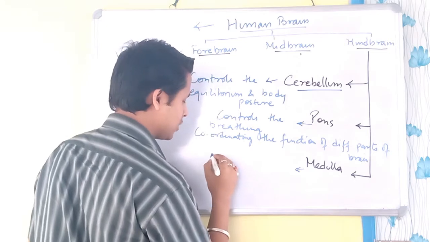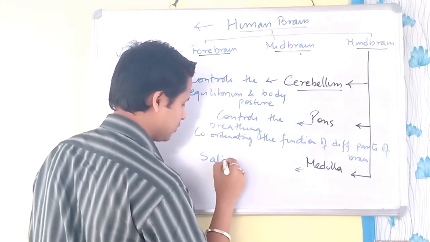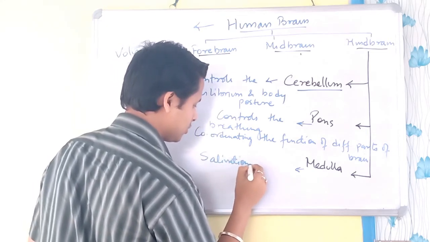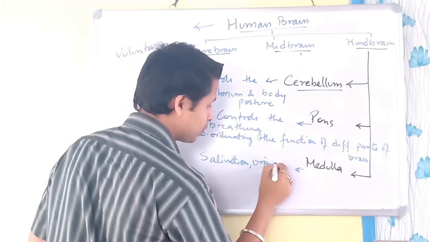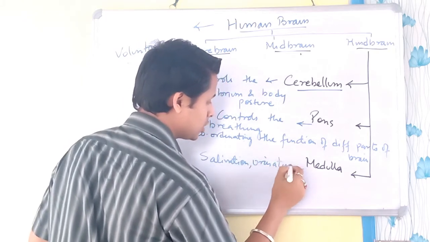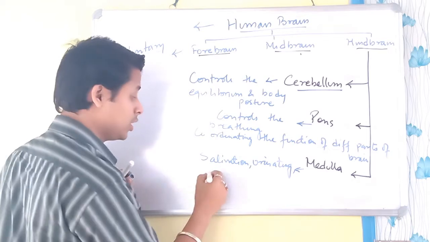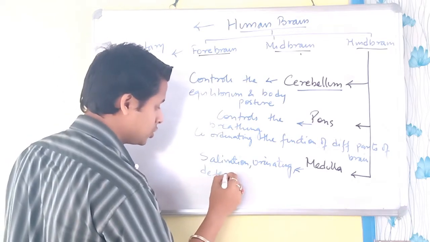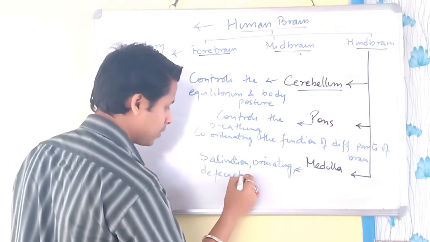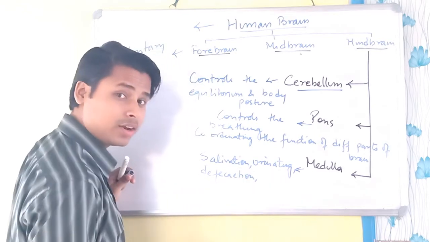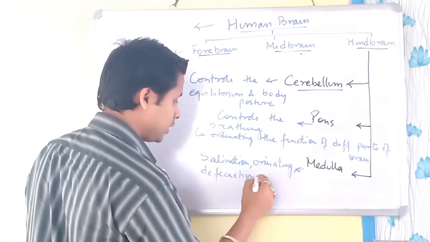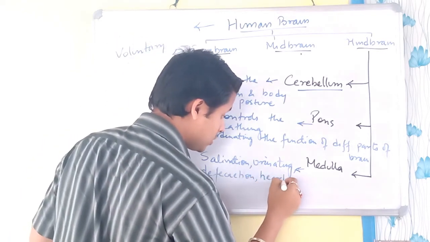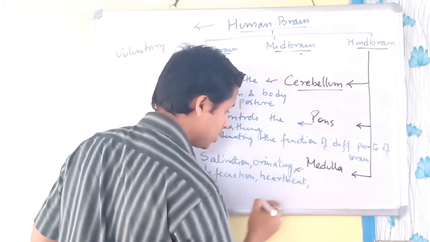So what I have said: salivation, urinating, the urge of urine, defecation, going to the toilets, right? And then heartbeat, our heartbeat is also controlled by this one.